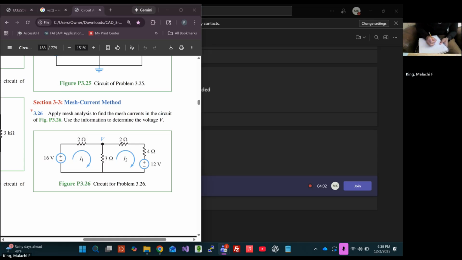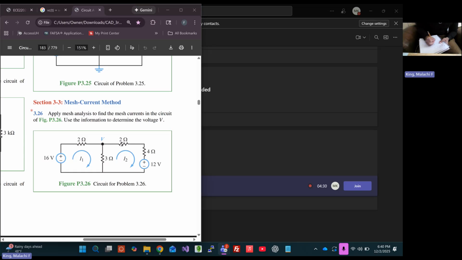Okay. And then we can go ahead and simplify this. Negative 16 volts equals, no, not equals. So this is plus 2 ohms times I1 plus 3 ohms times I1 minus 3 ohms times I2.